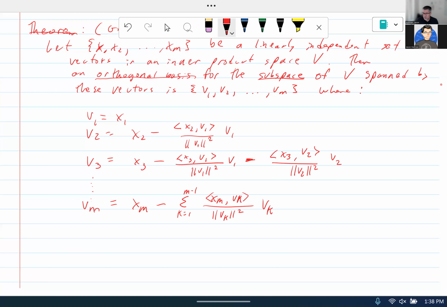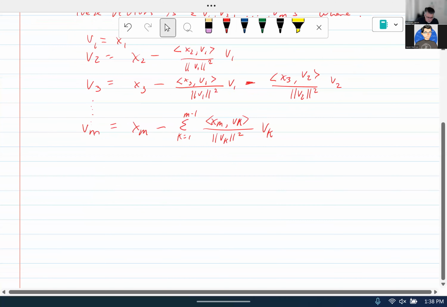Okay, so we do this process for however many vectors there are in the vector space V. Okay, so let's try this out.